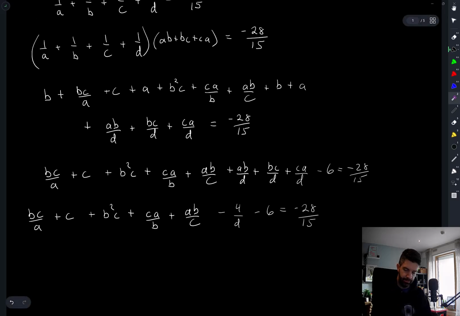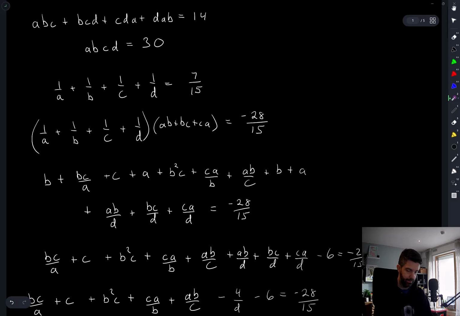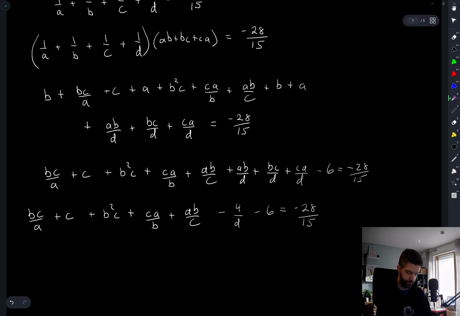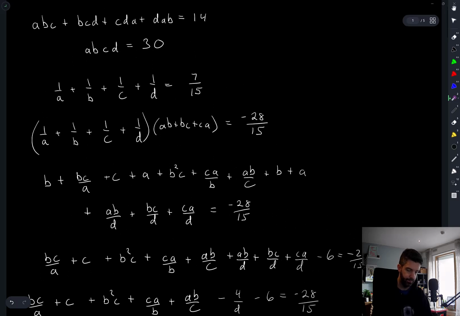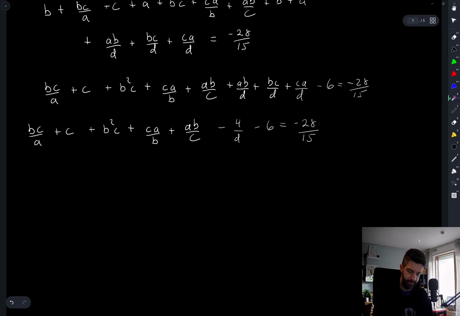Well, now, if I multiply again by ABCD, a lot of these things in the denominators will cancel, and I know that ABCD is equal to 30. I'm not sure. I might just give that a shot. I will end up with a lot of squares of things, so maybe this is the way to go for now.